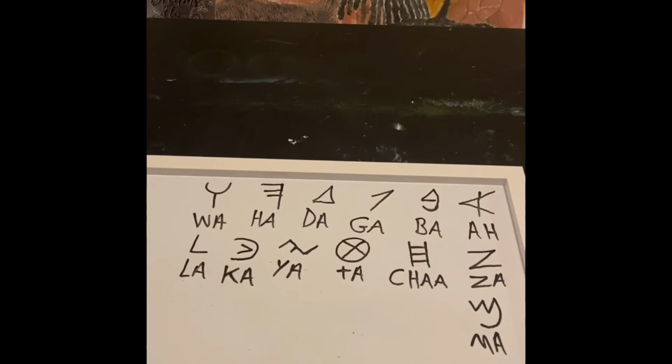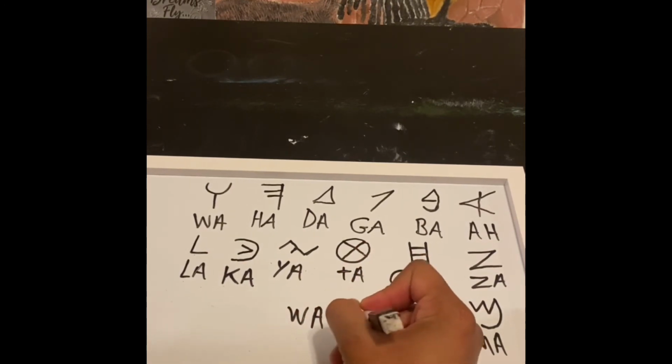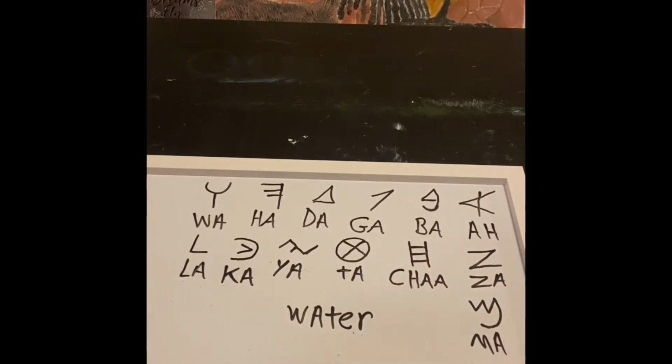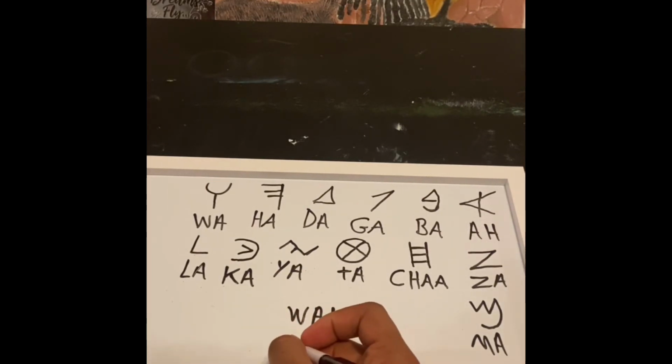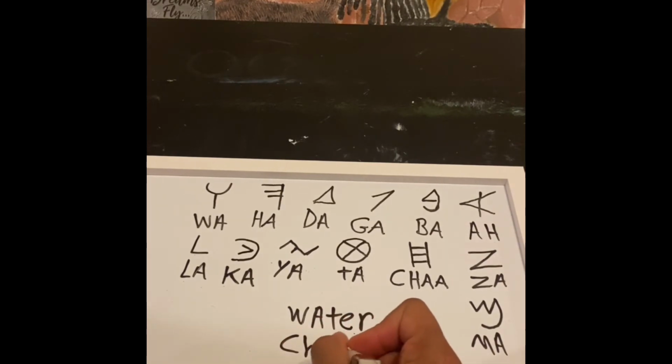New character Ma, which means water. Water is one of the meanings of that character, and as well chaos, right? Because water can be chaotic, right? So we have water and chaos.